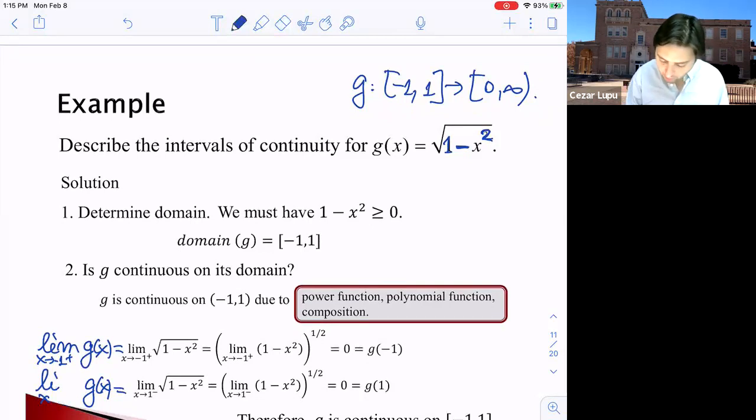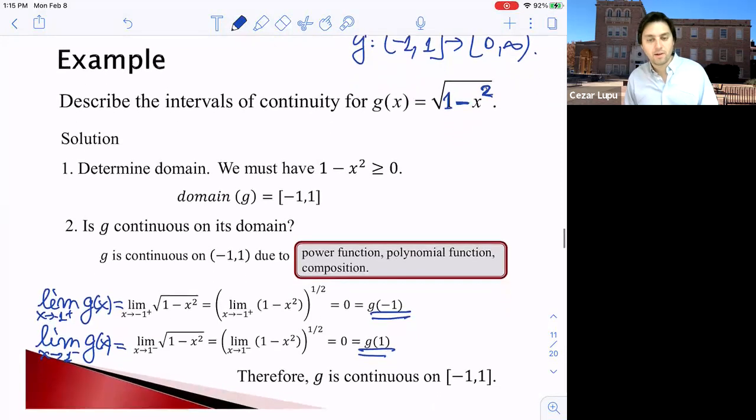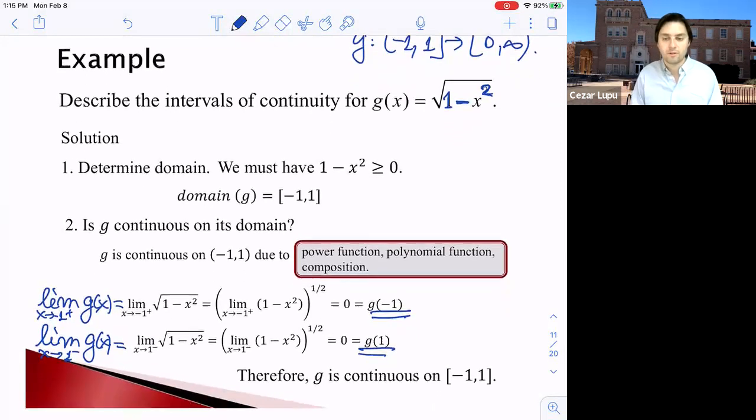So the first one is negative 1, and the second one is 1 from the left. I hope it makes sense. So they agree with the values at negative 1 and at 1, which is great, and makes the function continuous on the entire domain of definition, right? Does this make sense? Any questions so far about this example?